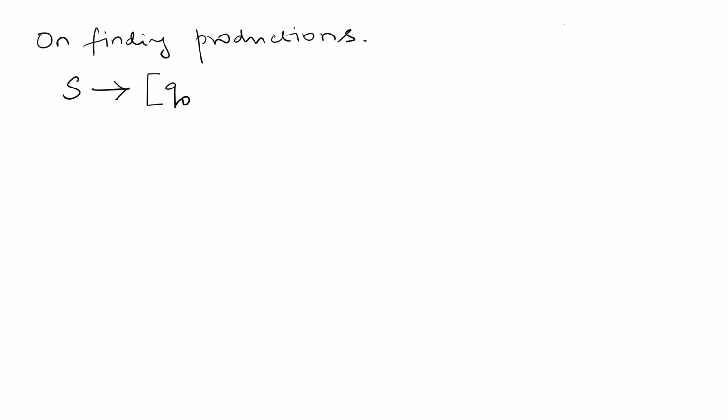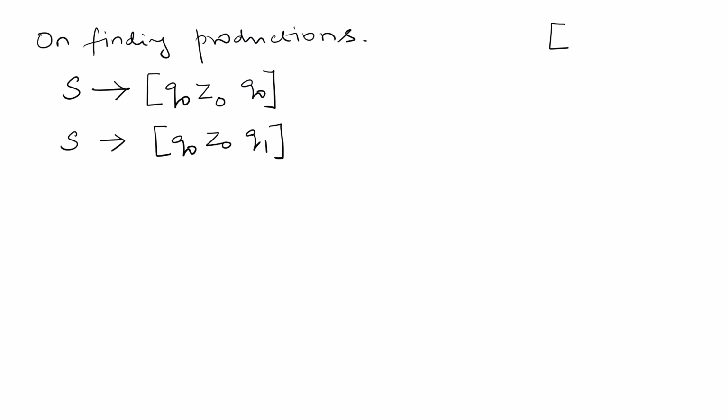We have the start state and the start stack symbol. So what are all the possibilities? We have Q0, Z0, Q0. This is one variable. The other is S goes to Q0, Z0, Q1. So these are the two possible variables, from the start state and the stack symbol. So these are the two productions which we want to add to the context-free grammar.